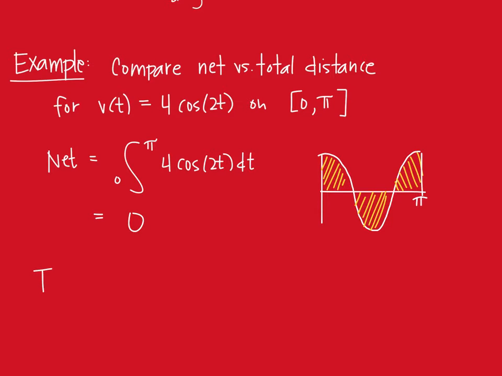If I'm going to do total, I'm going to need to think about this a little differently. Total means the negative area is not going to cancel out the positive area.